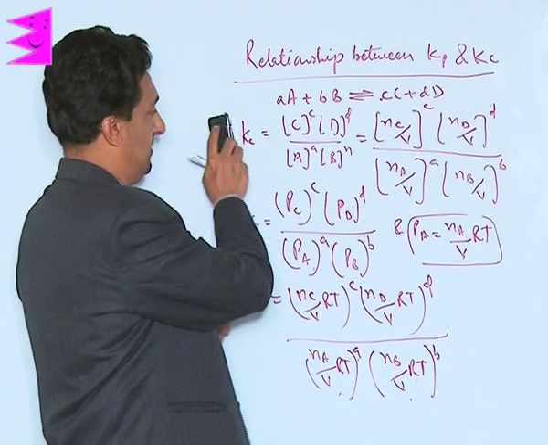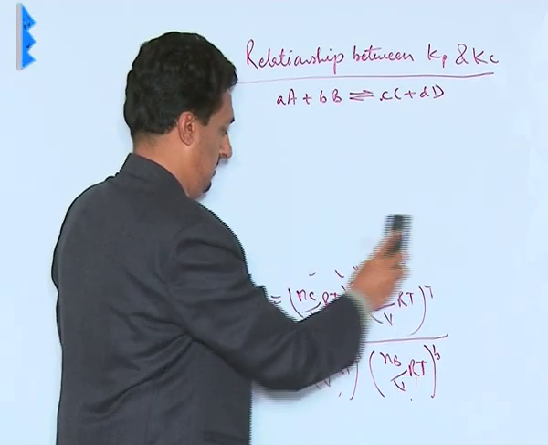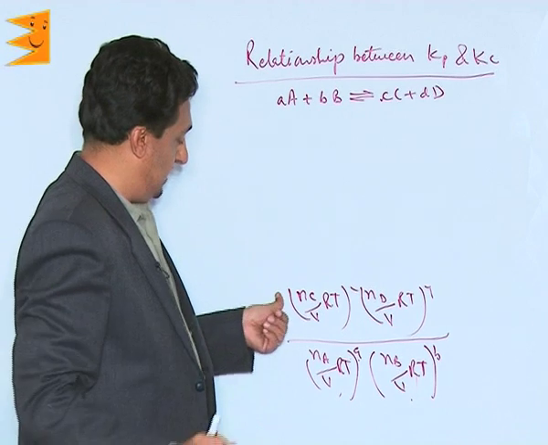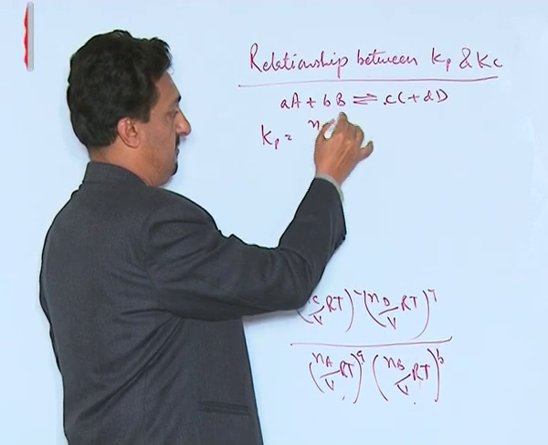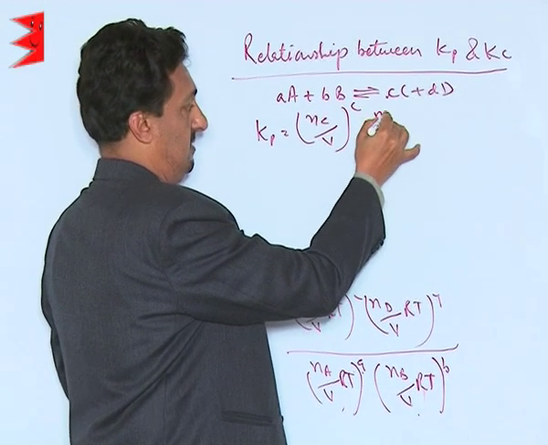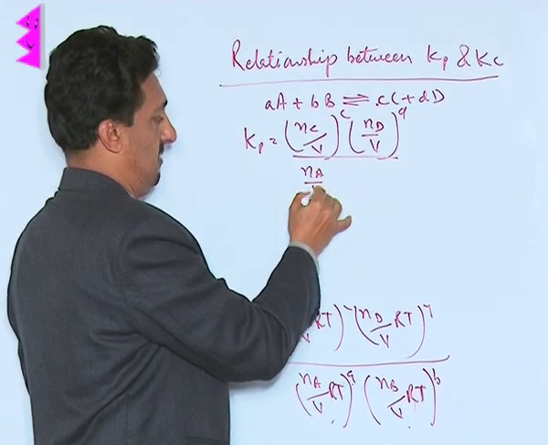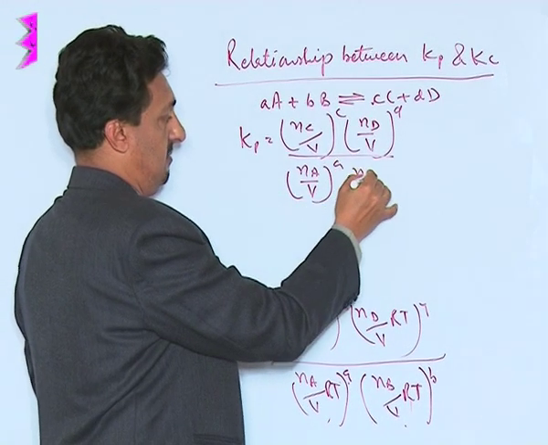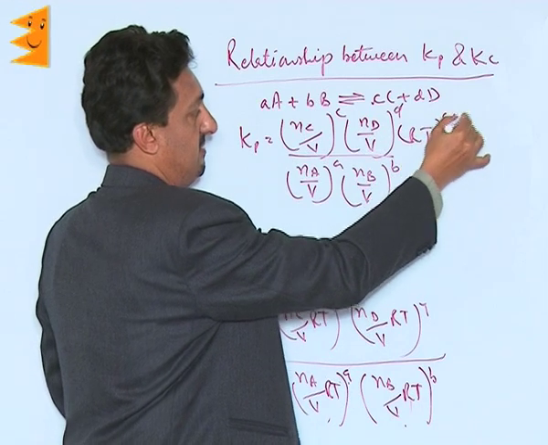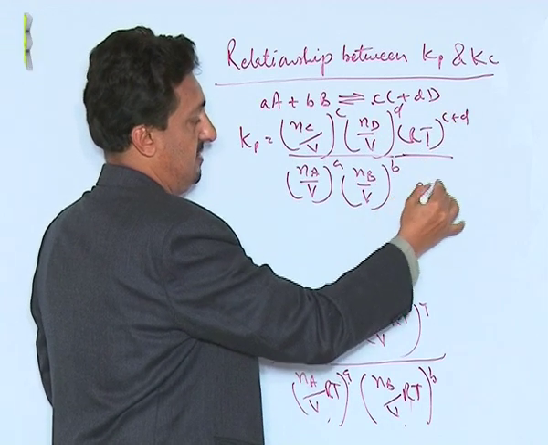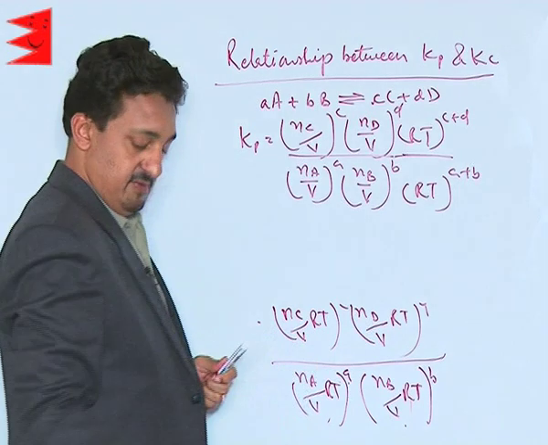So in that case, this expression of Kp can be written as Nc upon V to the power c, Nd upon V to the power d, Na upon V to the power a, and Nb upon V to the power b. This RT will actually have c plus d in the numerator, and this RT in the denominator will be a plus b. Now, this RT can be taken above.